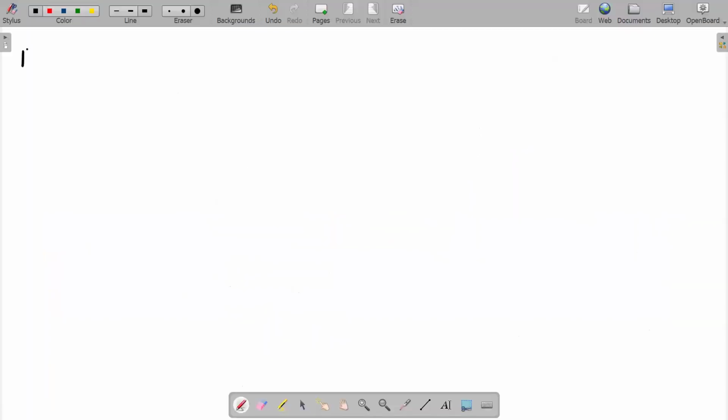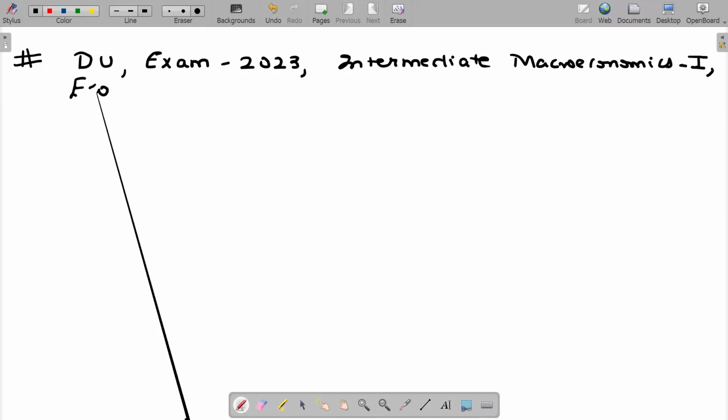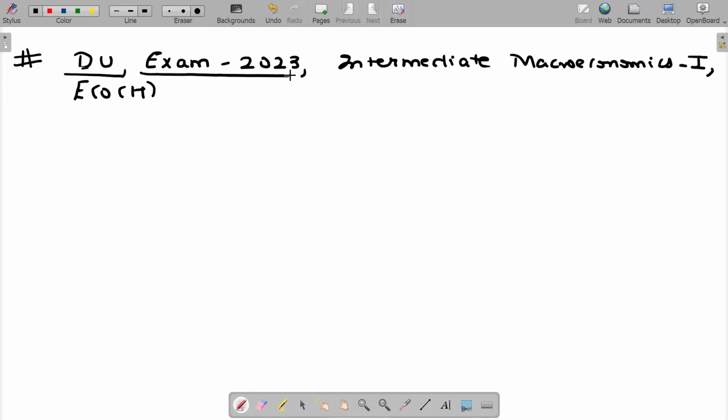So I'm just writing the main heading for completeness. We are looking at Delhi University Exam 2023 for the Intermediate Macroeconomics Part 1 course. This is for all those students pursuing economics honors from University of Delhi.